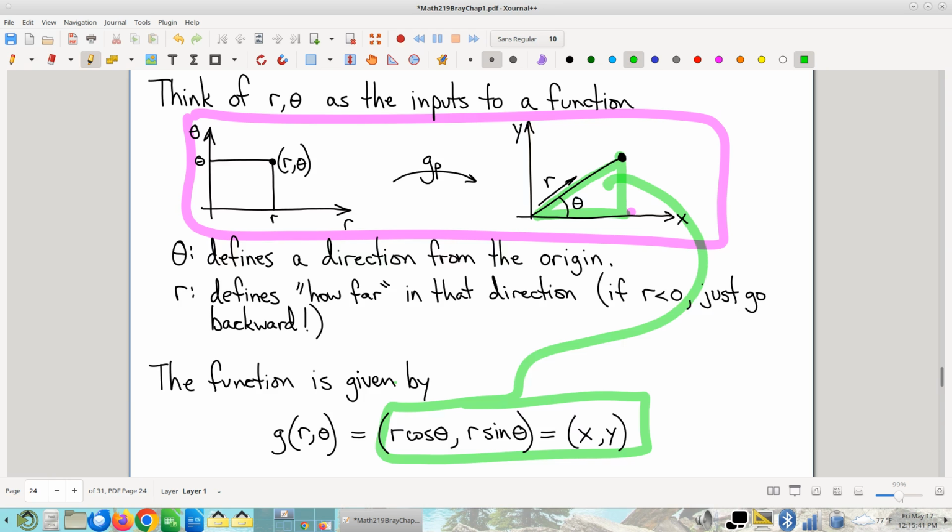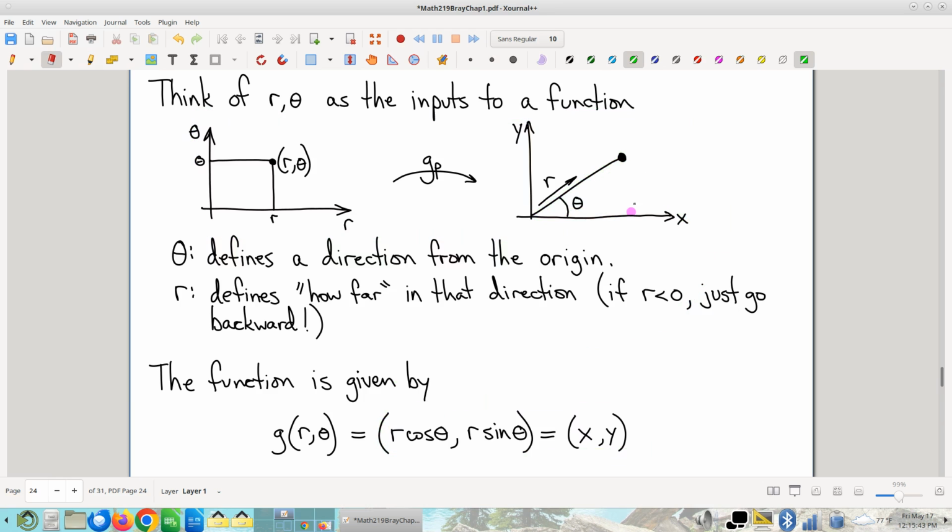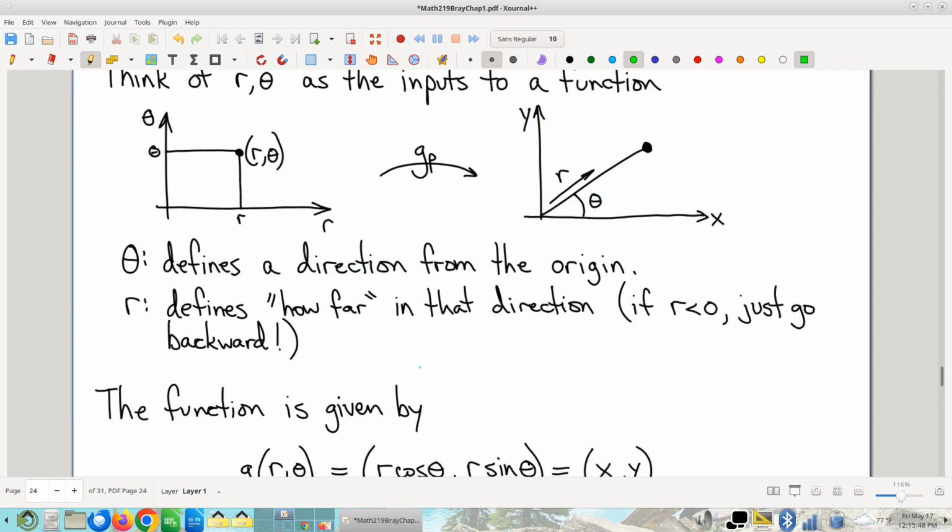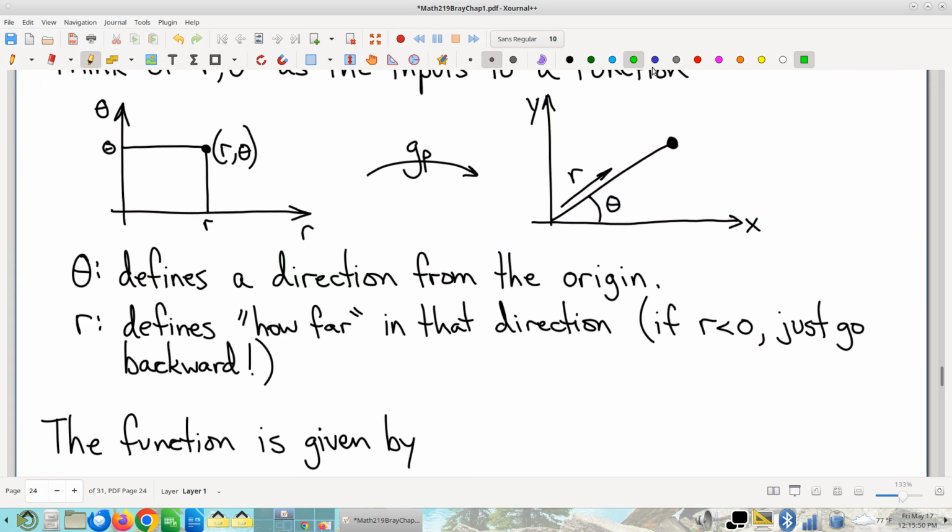One last little comment and we'll call it a day, and that is don't get too comfortable with the idea that r is a distance. It's not necessarily, because keep in mind r could be negative. If you're talking about going in this direction, what does it mean to go negatively in that direction?